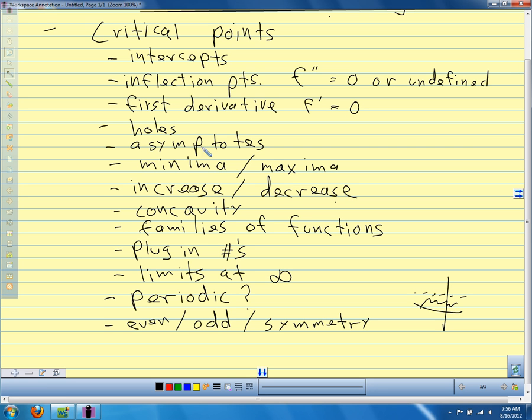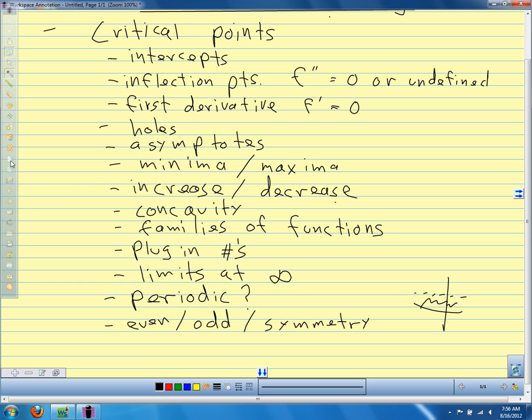And what else? In my little notes, I also mentioned if the function is differentiable, if it's continuous. So if we have discontinuities, that's another way that we can look at a function. What I would be looking for is some kind of subset of these.